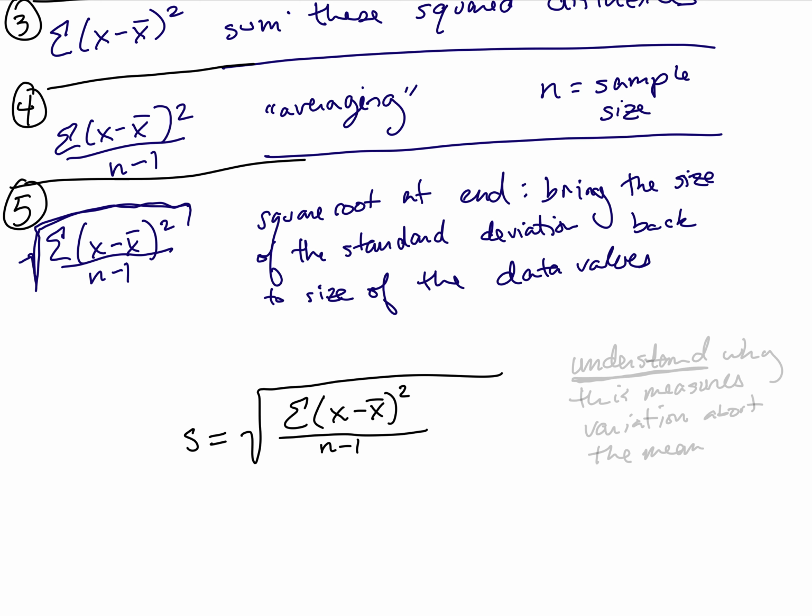And to me, the most important thing is to understand why this formula measures variation, in particular variation about the mean, how far apart most data values are from the mean, kind of on average, and just generally understand what standard deviation tells you. That standard deviation tells us how large the variation in the set of data is.